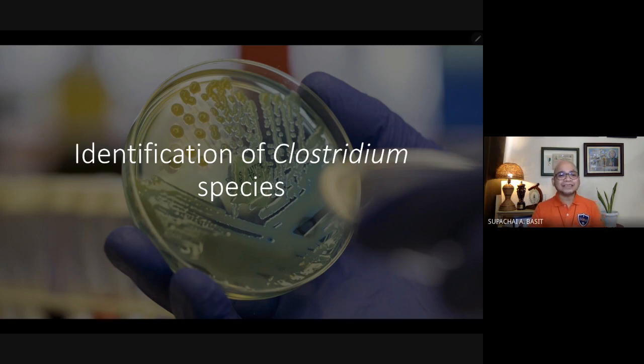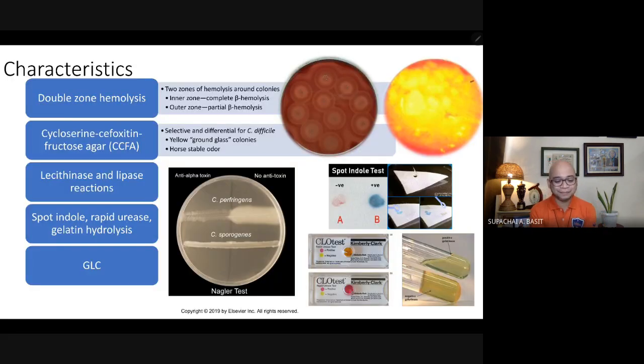Okay, so let's now discuss identification of Clostridium species. For Clostridium species, we have several techniques, such as the double zone of hemolysis. I think I did mention this to you a while ago. The double zone of hemolysis is also known as the target hemolysis, usually useful for Clostridium perfringens.